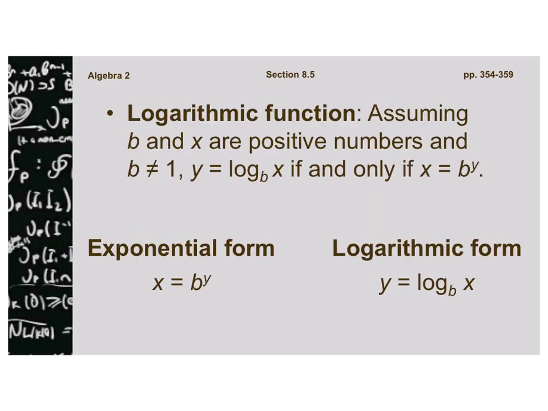Logarithmic functions: assuming b and x are positive numbers and b does not equal 1, y is equal to log base b of x if and only if x is equal to b to the y. That's how these logarithms work. You can rewrite using the definition: the base to the outie is equal to the innie.